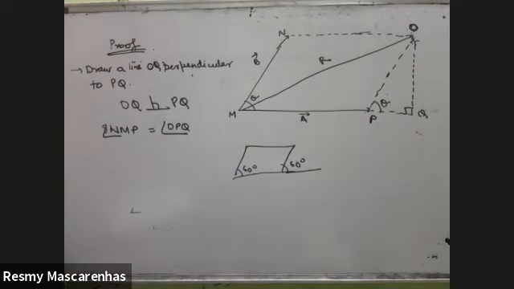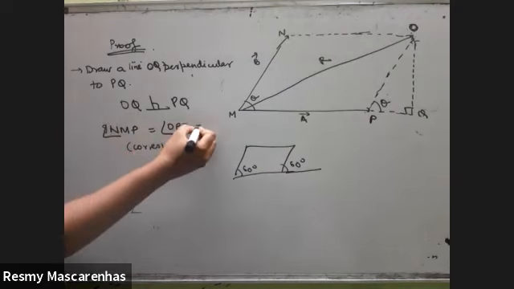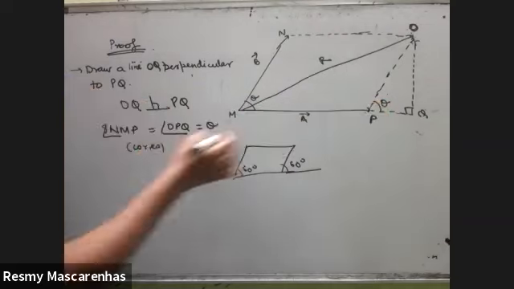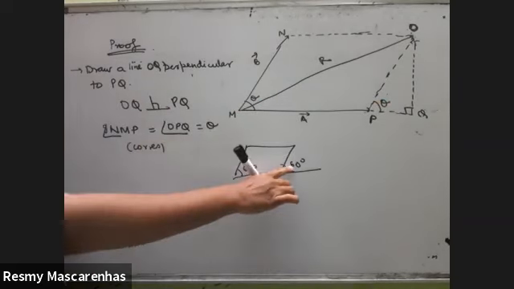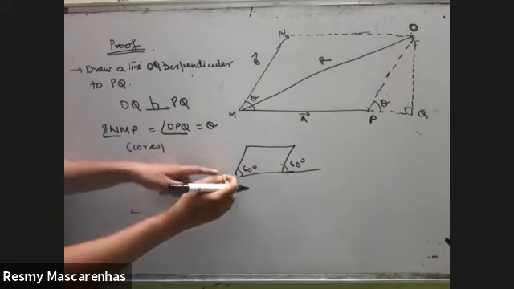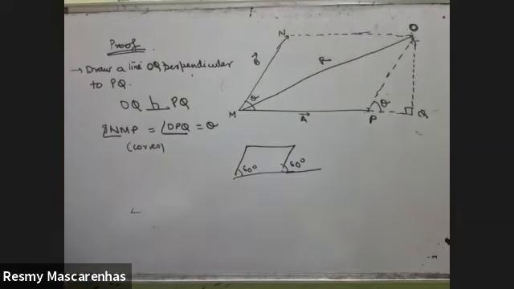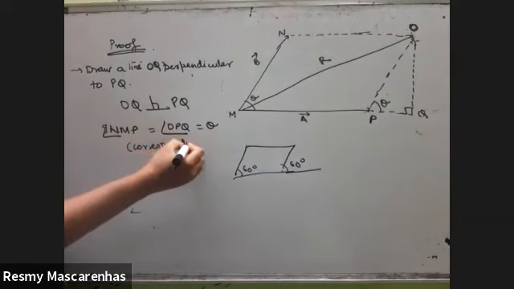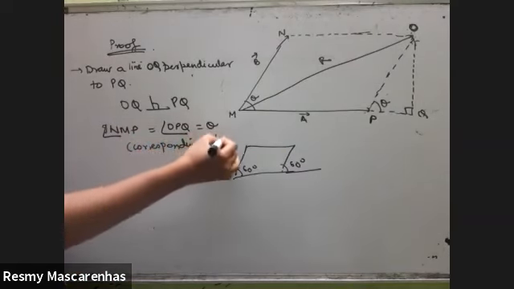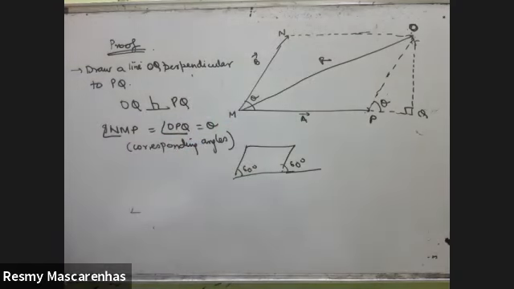We have already studied this in 10th standard. That way both will be equal to theta. If this is 30, this also will be 30 because they are the same parallel lines. Even if you keep a protractor here or here, it will give you 60 only. It will not change. They are called corresponding angles. So if this is theta, this also will be theta.